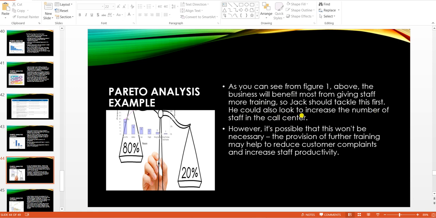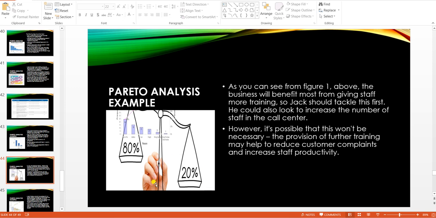He could also look to increase the number of staff in the call center. However, it's possible that this won't be necessary. The provision of further training may help to reduce customer complaints and increase staff productivity. So this is the analysis based on the Pareto technique.